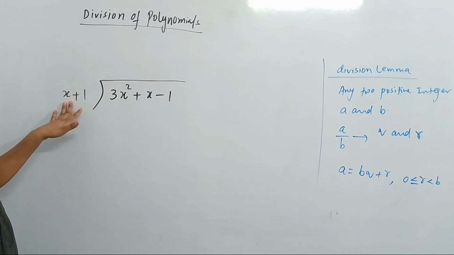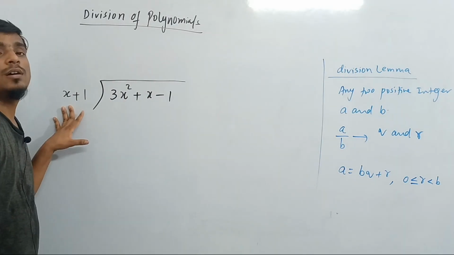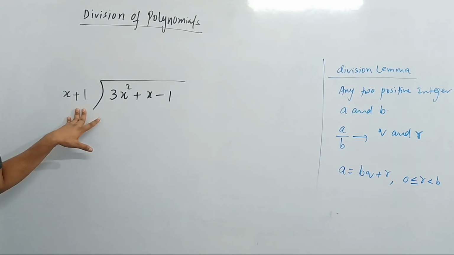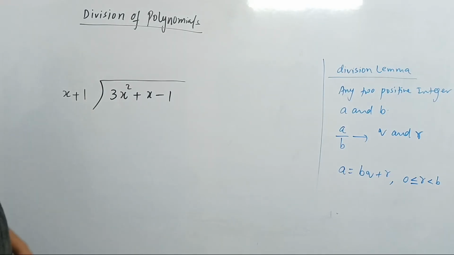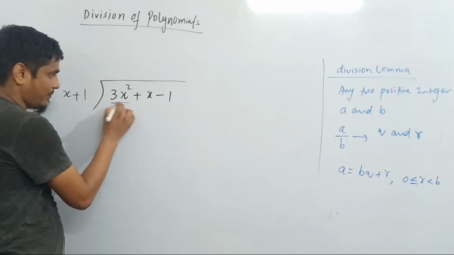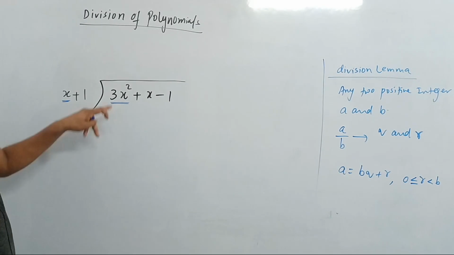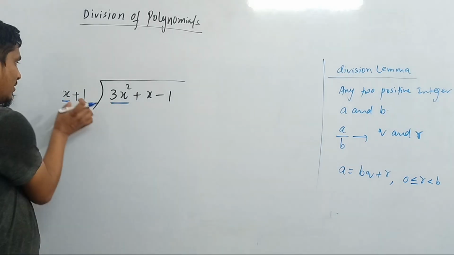So how can we divide this polynomial 3x square plus x minus 1 by this linear x plus 1? First, we need to check the first term of the dividend and the first term of the divisor.